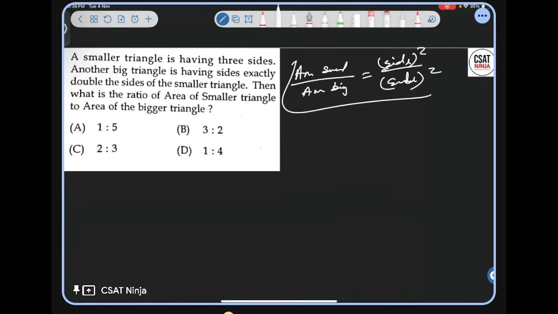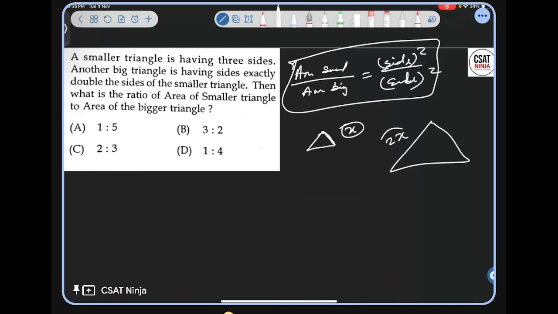This is a formula. If you have two triangles that are similar, the ratio of the area will be nothing but their sides squared. The question says the first triangle, the smaller triangle, their side is, let's say x, and the bigger triangle is double of that. We just need to find the ratio of this.